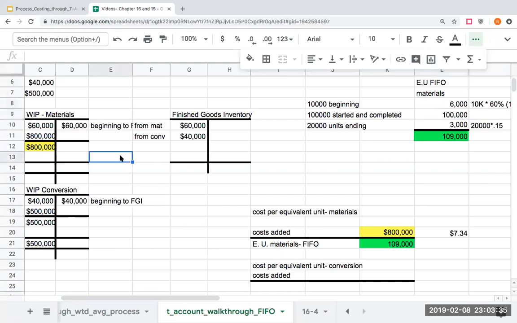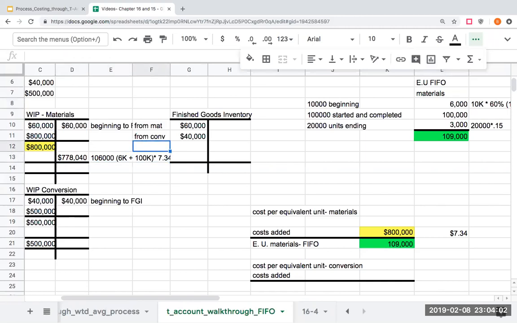So this is going to be the 6,000 plus the 100K, times $7.34. If I do 106 times 7.34, I get this number right here.